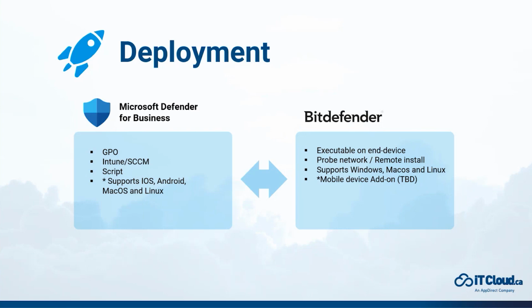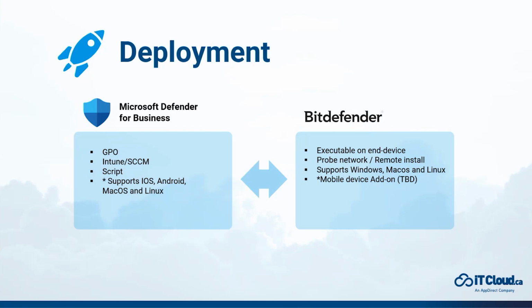We're working in this. Me and Sylvain are working with Defender every day. So this is the biggest part of my job, and I have issues keeping up with it just because it changes so often. Whereas Bitdefender is very classical in the sense that, hey, you have an executable file, you will run this on a computer, and it will install the AV.